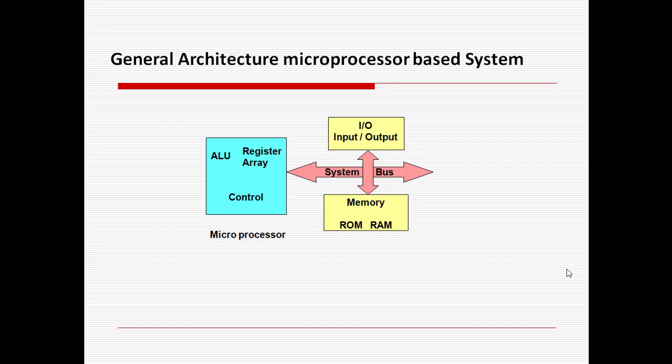This memory is divided into two types, ROM and RAM, read-only memory and random access memory. And these things are connected by the system bus. The system buses are again classified into three different types: the data bus, address bus and control bus.